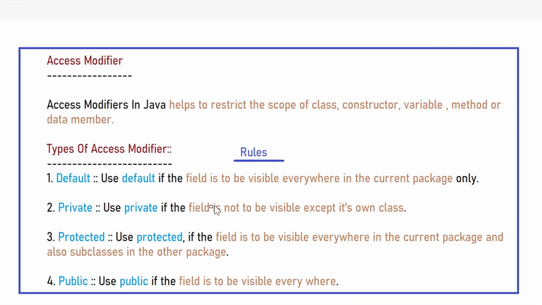Private is used if the field is not to be visible except its own class. Protected is used if the field is to be visible everywhere in the current package and also in subclasses in the other package. And lastly, public is used if the field is to be visible everywhere.